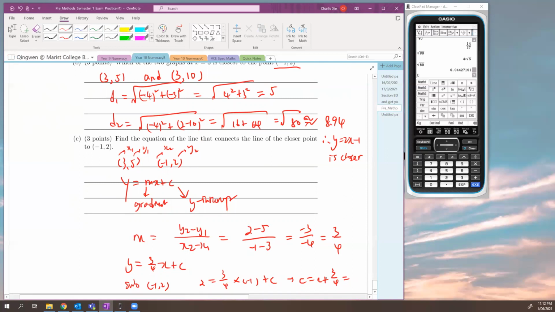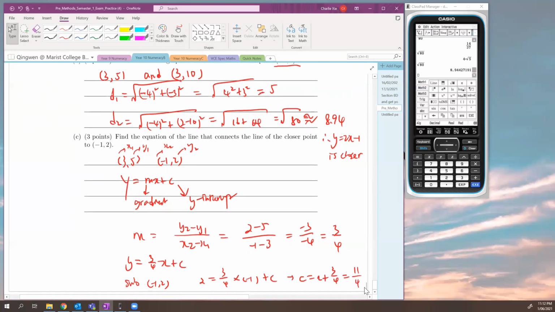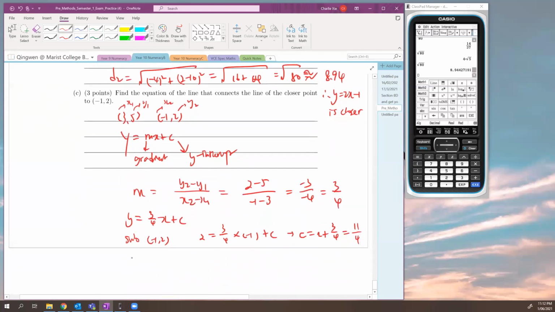So let's make it an improper fraction. 2 times 4, 8. 8 plus 3, 11 over 4. Therefore, sorry, there's not much room. Therefore, y is equal to 3/4x plus 11/4.